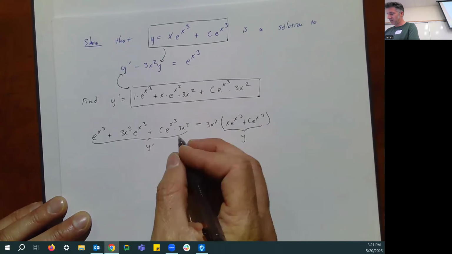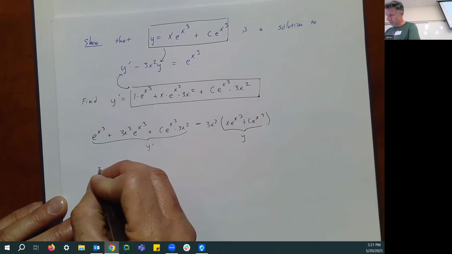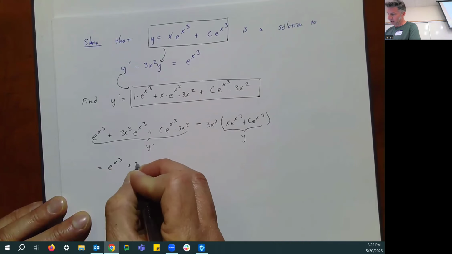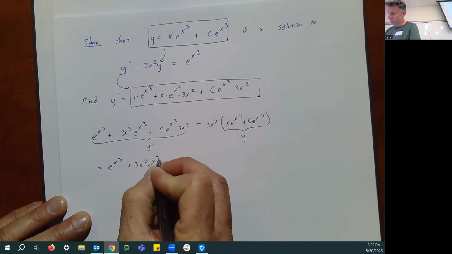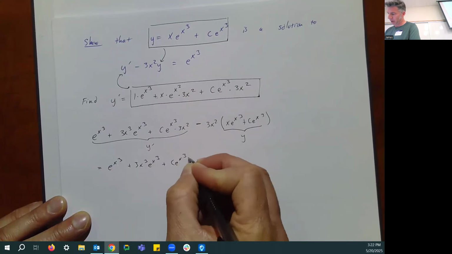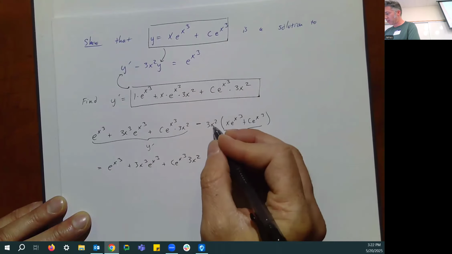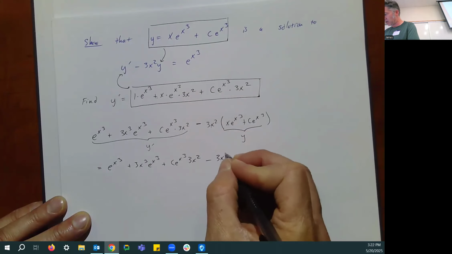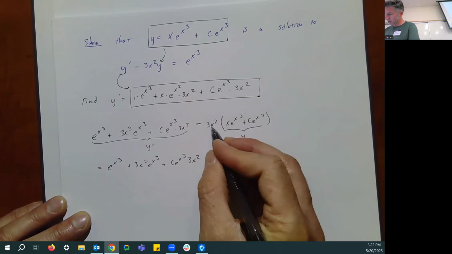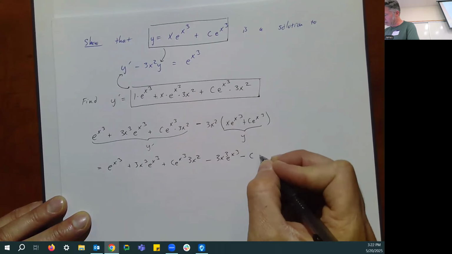Distributing the minus 3x squared, we get e to the x cubed plus 3x cubed e to the x cubed plus c e to the x cubed times 3x squared, minus 3x squared times x, which is 3x cubed e to the x cubed, and minus 3x squared times c e to the x cubed.